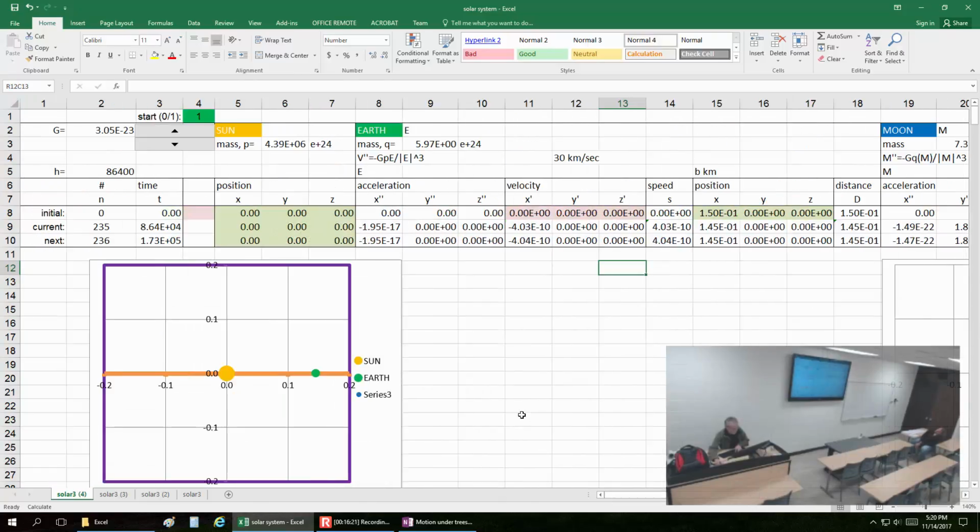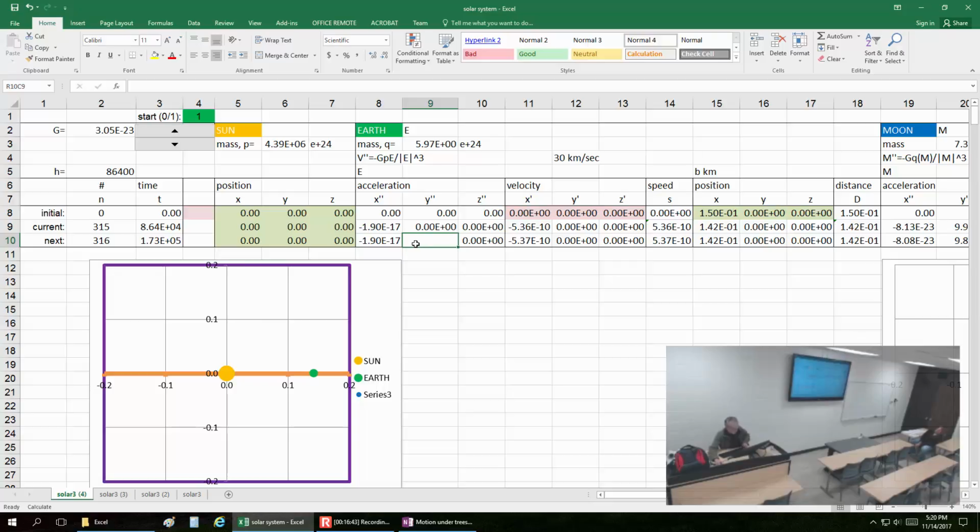Okay, it seems to be moving, and at the same time I'm not moving. Well, velocity is 0. Let me change this.